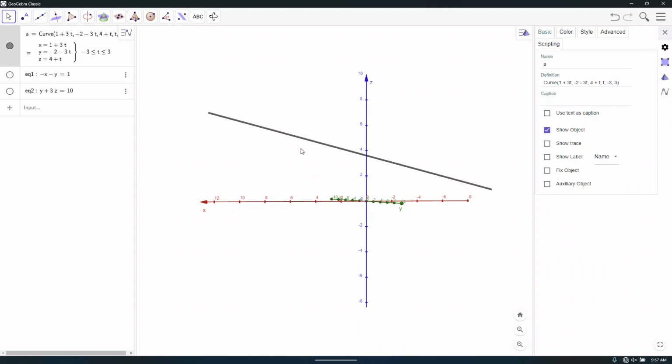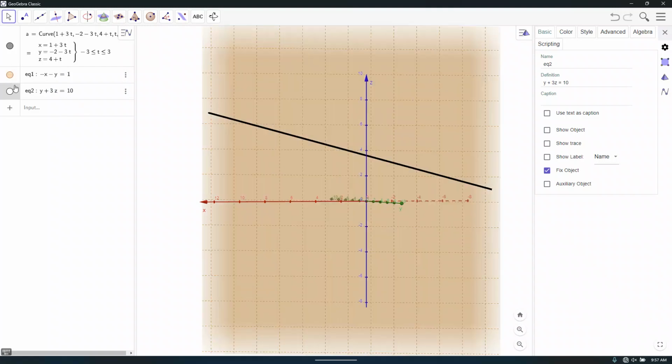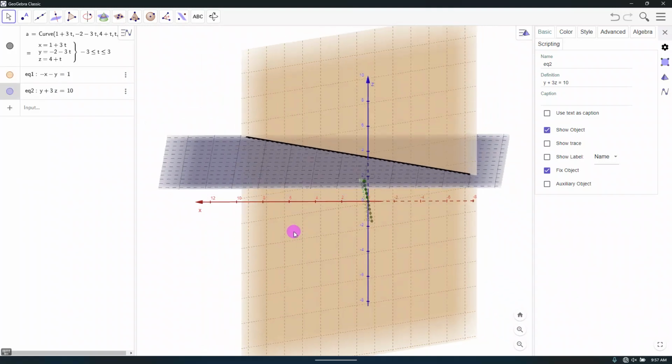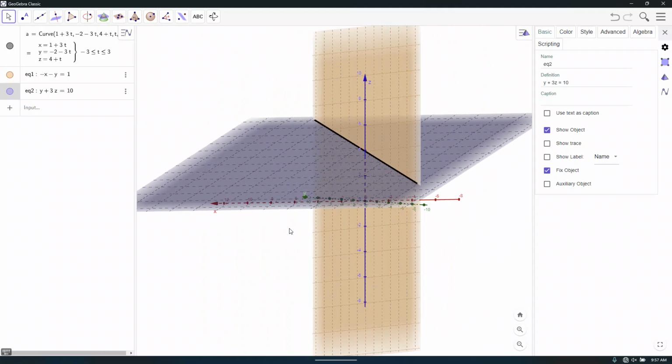So we need to find 2 planes, which we just did algebraically, having this line of intersection. I just type them here. Negative x minus y equals 1, the first plane we got algebraically, and y plus 3z equals 10, the same plane we got algebraically. There you go. What do you think? Cool? So that's what's going on behind the scenes, this algebraic process.